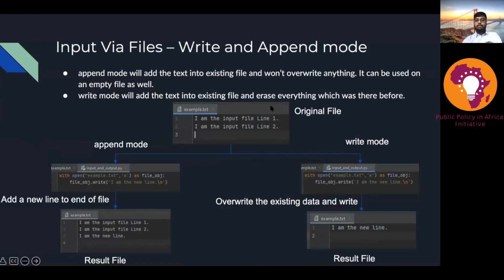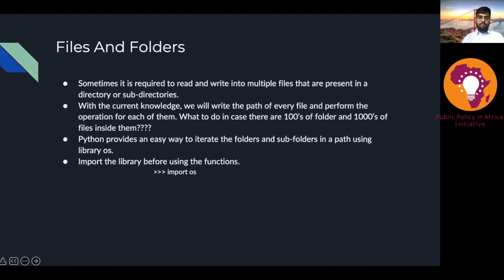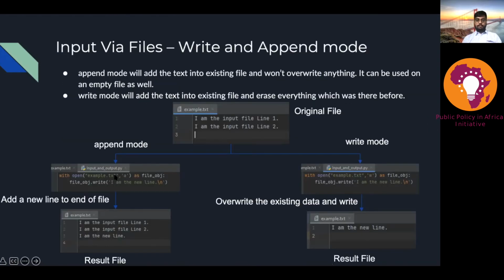But when you have a file with data in it, append mode will put the data at the end, and the write mode will erase everything in the file and start over. So is everyone clear about the difference between append mode and write mode? Okay.